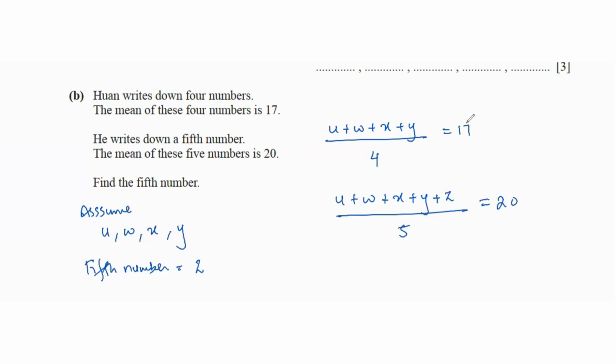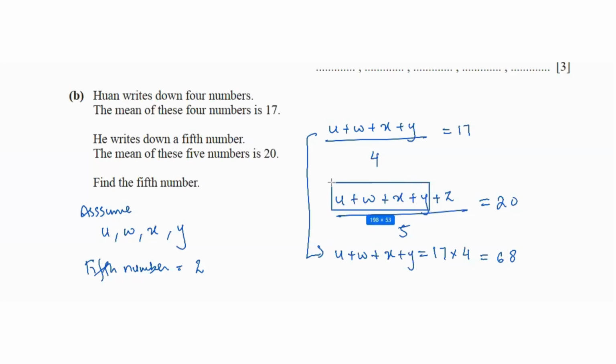So if we multiply 17 by 4, we know that U plus W plus X plus Y would equal 17 times 4, which is 68. So that means we can replace this part over here with 68.